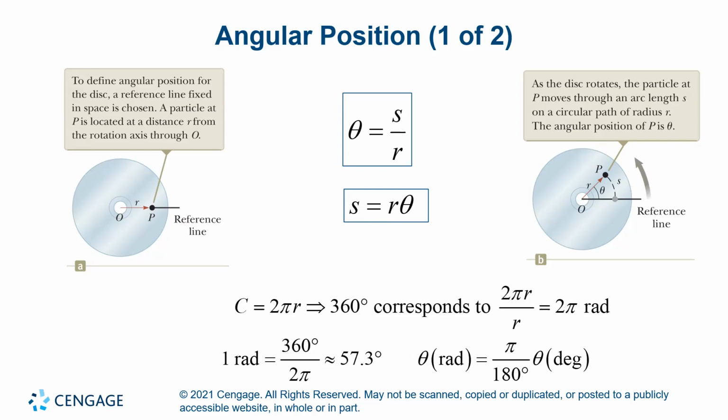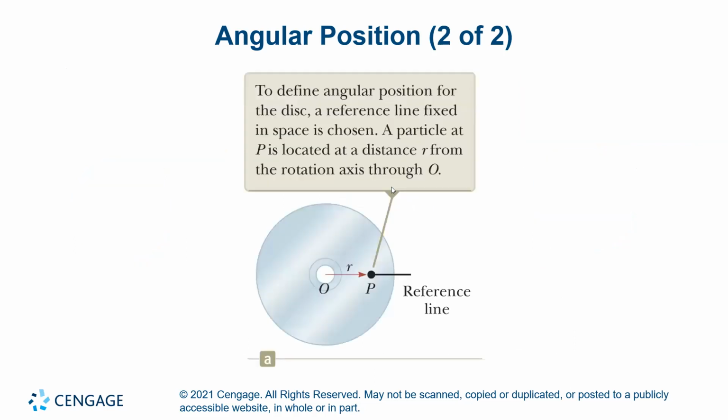It's the ratio of the arc length to the radius, S over R. So to define angular position for the disk, a reference line fixed in space is chosen. Particle at P is located at a distance R from the rotation axis through O. The disk, in this case, is a rigid object.